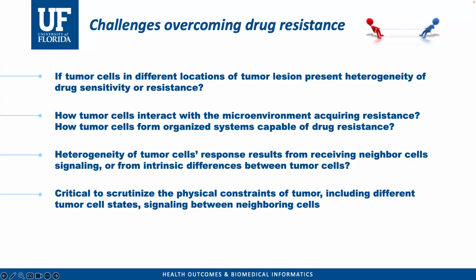And if the tumor cells present a heterogeneous response to drugs, whether this heterogeneity comes from their intrinsic molecular characteristics or from an extrinsic driving force that makes them become resistant. We don't know all of those, but to solve the problem of drug resistance, we need to understand and scrutinize the physical constraints of tumor cells. So that's the background.